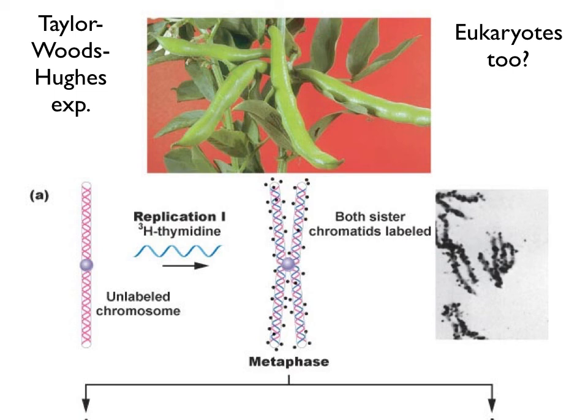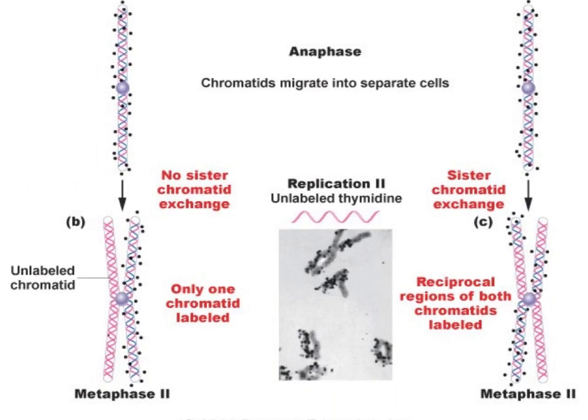And so if replication was conservative, what you would see is something like on the left, okay? You would see the one chromosome being labeled radioactively and the other not, okay?